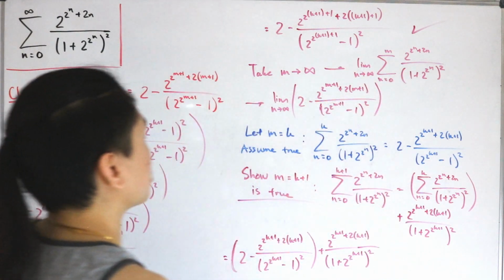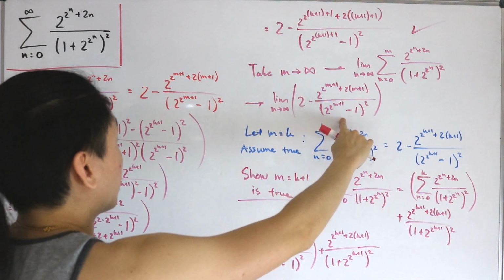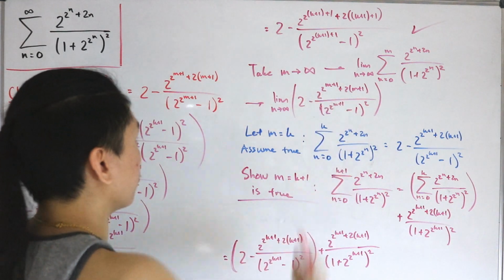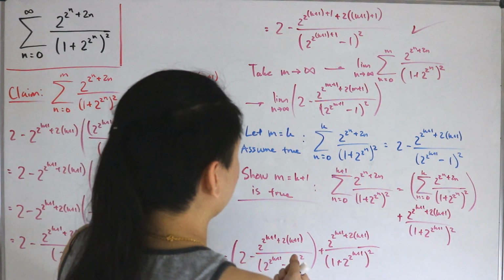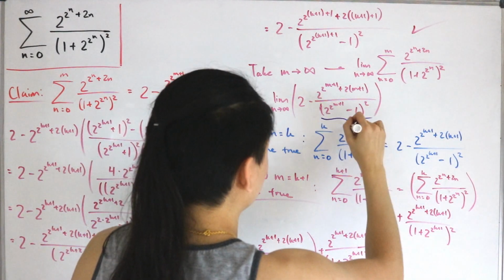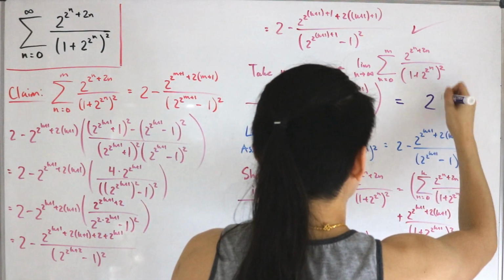Then we'll notice that as this approaches infinity, the denominator is getting way larger than the numerator. So that means this is just going to approach 0. And so therefore we're done. So the final answer is that this is just going to approach the number 2.